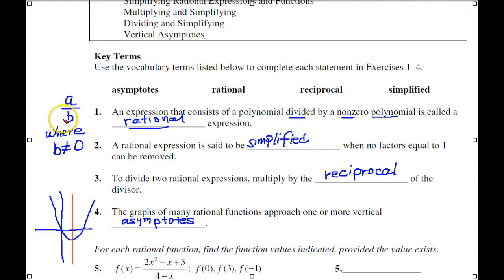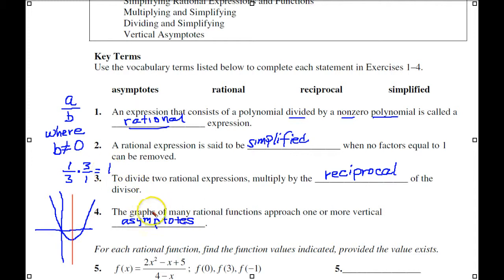Those are undefined. And to divide 2 rational expressions, multiply by the reciprocal. So if we have like 1/3 and we multiply that by its reciprocal, which is 3 over 1, remember the definition of a reciprocal is the number you multiply something else by so that the product is 1.